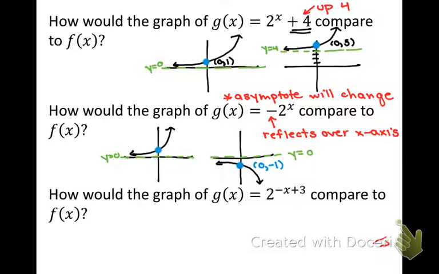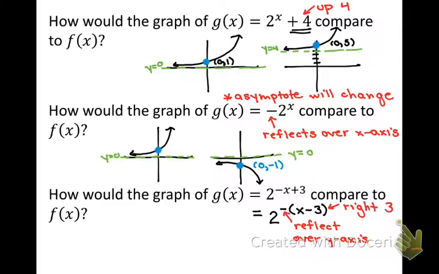Now, keep in mind, this is the same as writing 2 to the negative x minus 3. This means that I'm going to have a reflection over the y-axis. It also means that I'm going to shift to the right 3. So I'm reflecting over the y-axis and I'm moving to the right 3.